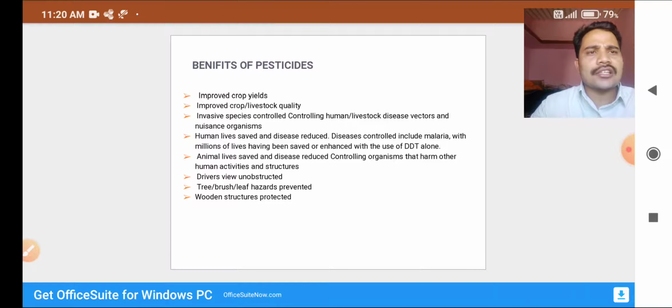These diseases include malaria, where millions of lives have been saved or enhanced through the use of DDT alone.